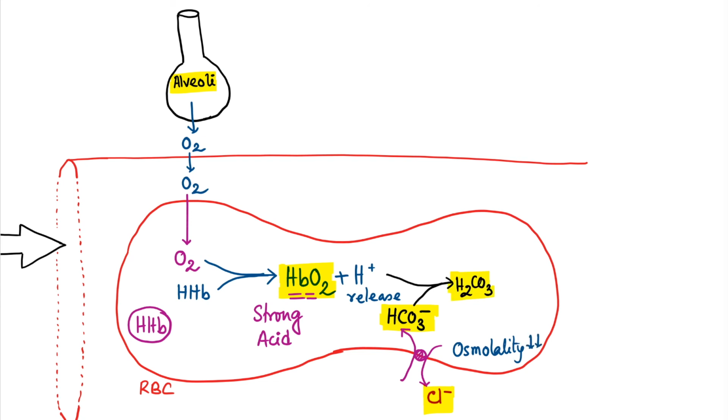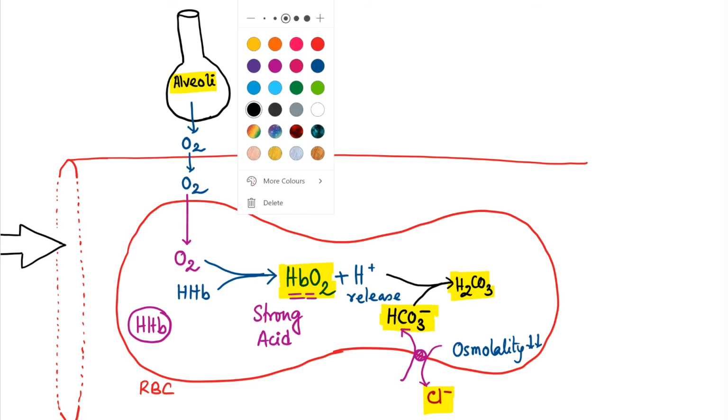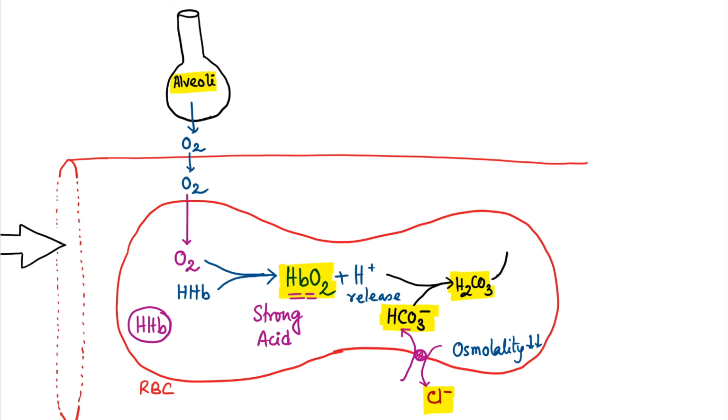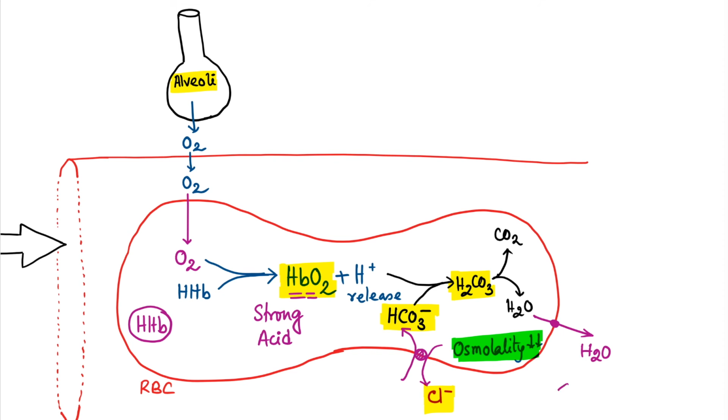Now, this carbonic acid will divide into, obviously, carbon dioxide and water molecule. Because the osmolality of the RBC is already low, the water has to move out of the RBC, so water is going out, due to which the size or the PCV is lesser than that of the venous blood.